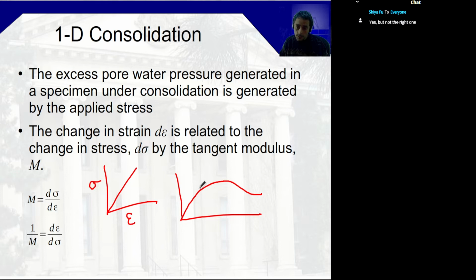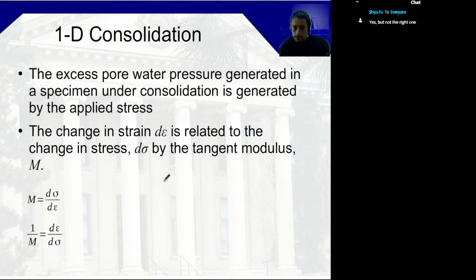So you can take your tangent modulus, meaning at any small increment, what is M? M is not a constant, M is a function. Tangent modulus is basically a function of strain. You can define it like that, and of course the inverse is variation of strain over variation of stress.